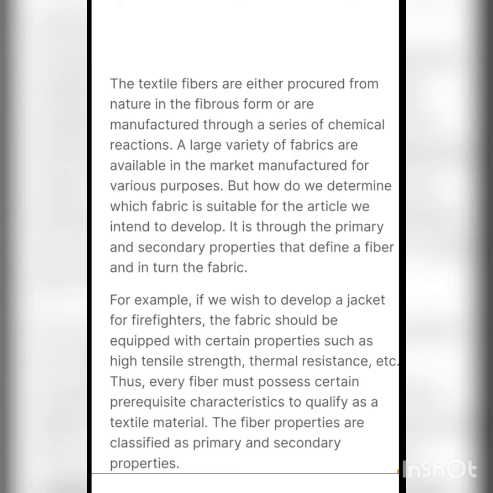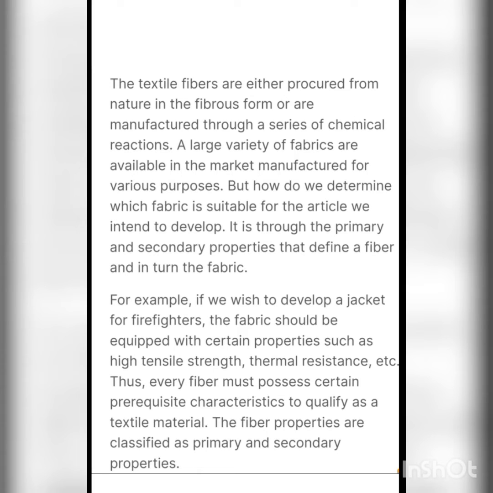For example, if I want a firefighter jacket, I need some properties like high tensile strength, thermal resistance, etc. So the particular fabric which I am searching for in the market should have those properties if I want to use that jacket as a firefighter.